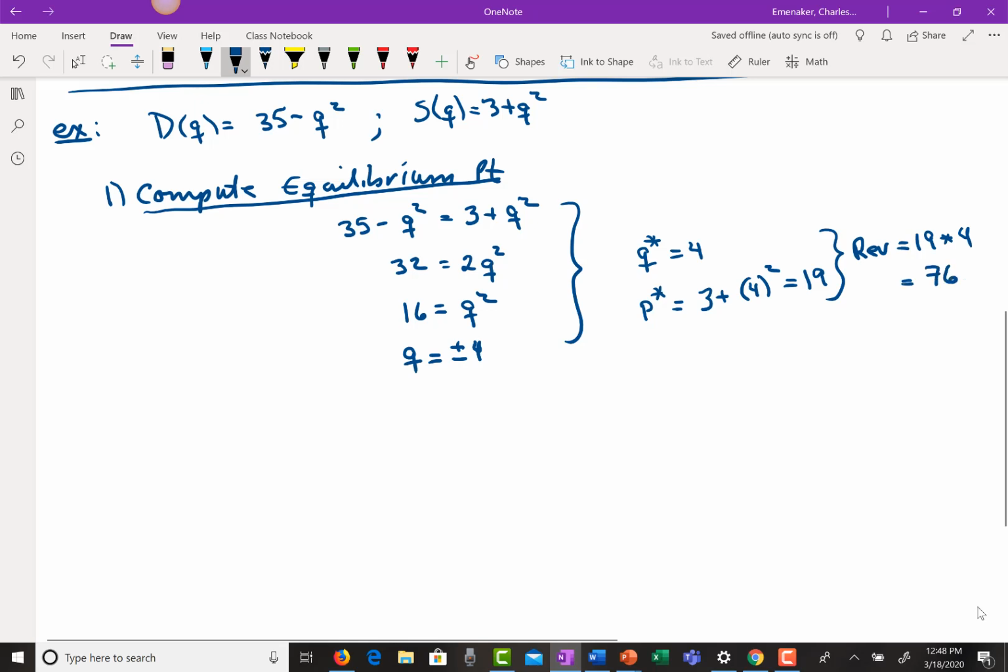Now, we don't know if this number of units Q is in terms of single units, if it's in terms of crates, if it's in terms of an entire semi-load. We aren't given units, so we're not going to try to work this too far, but the revenue is 76, whatever it is, $76, $76 million, whatever. From there we can go on and first compute the consumer surplus.